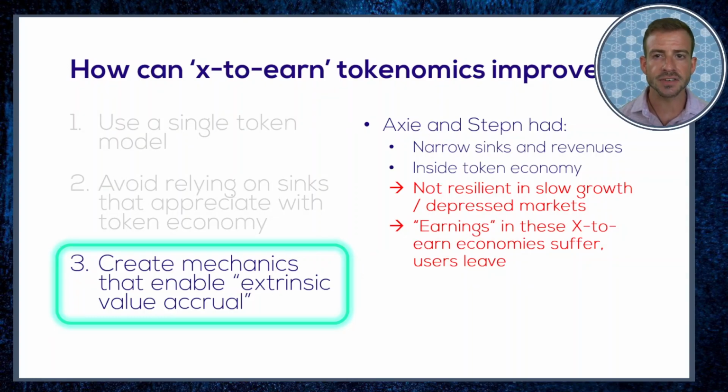Now, in earlier videos that I've released, I've argued that a common problem with unsustainable projects like these is that the value proposition they are making to users is over-financialized to begin with. So one way to do better and get users to stick around is to ground utility on a good or service that isn't dependent on or badly affected by speculative or extractive demand. But in this paper, we are limiting ourselves to an examination of the X to earn model.